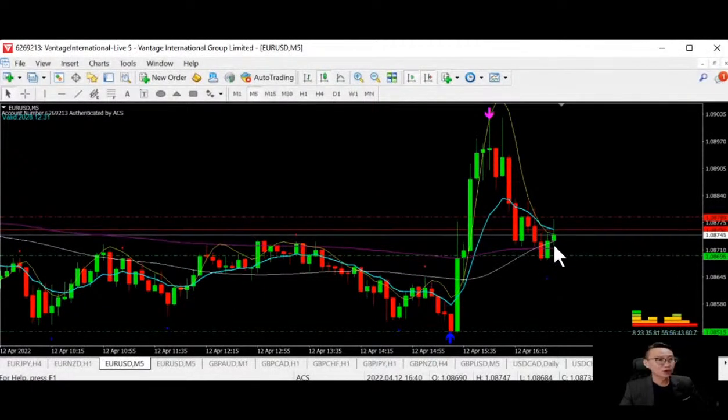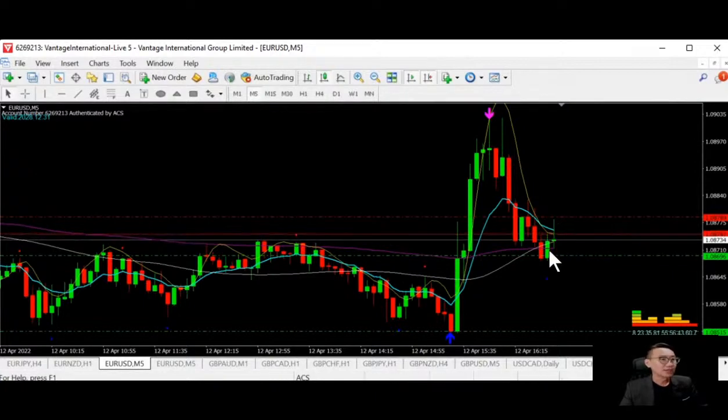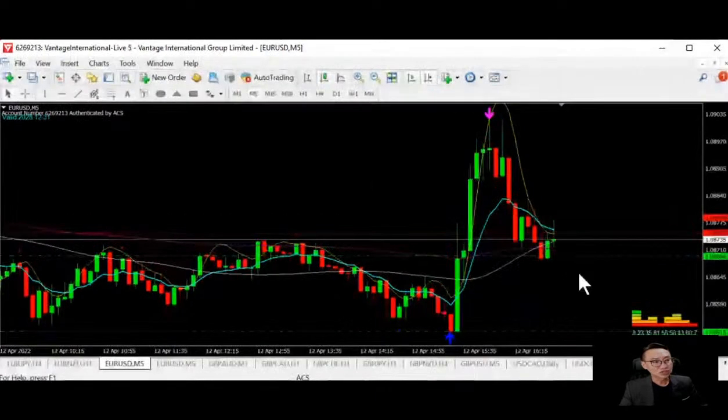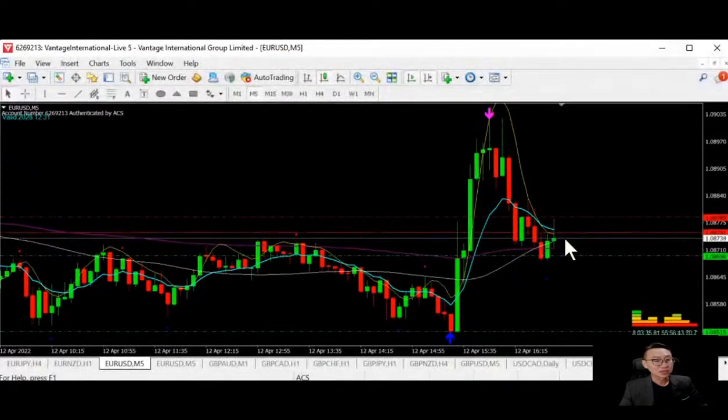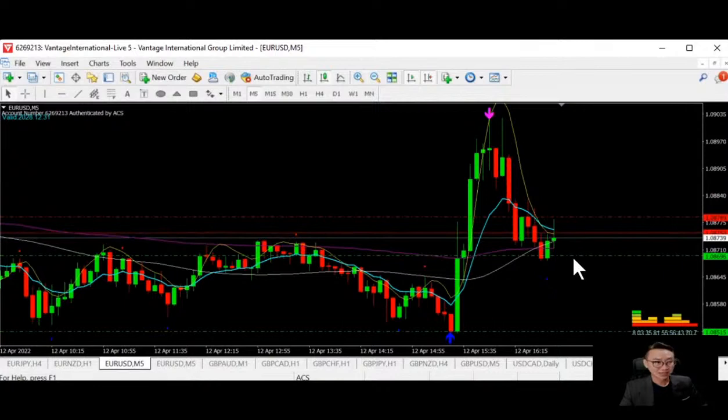So I'm waiting for a new resistance below this area to form a lower resistance, which will create a lower low to break or test this support. It will come and test this support.